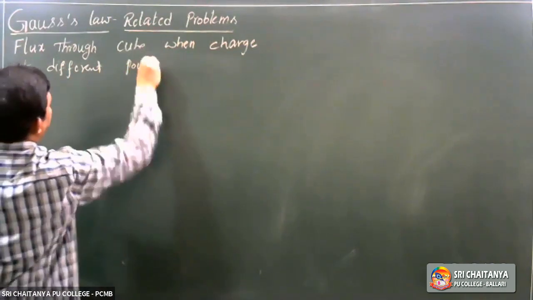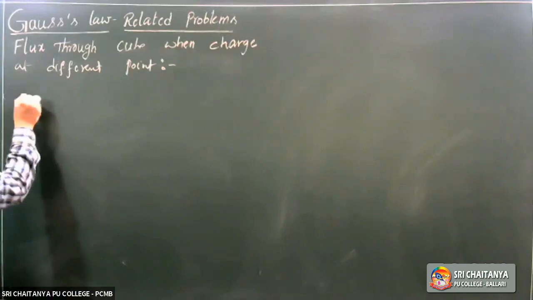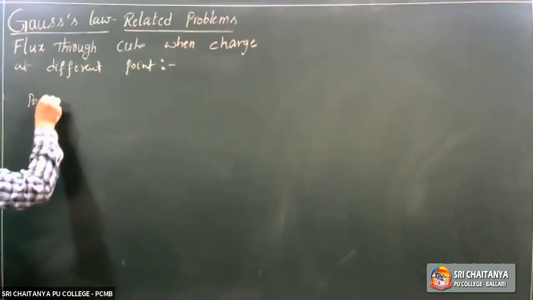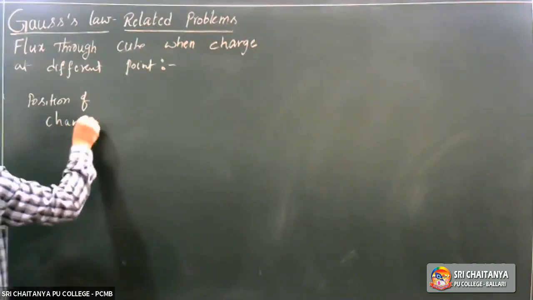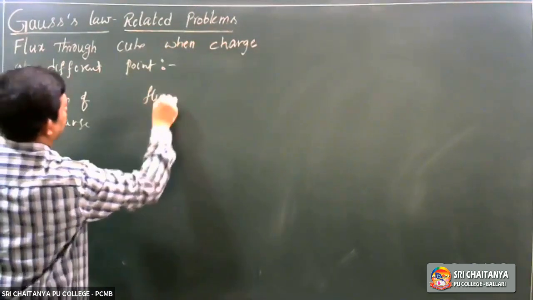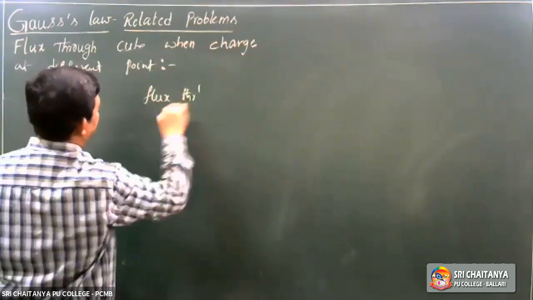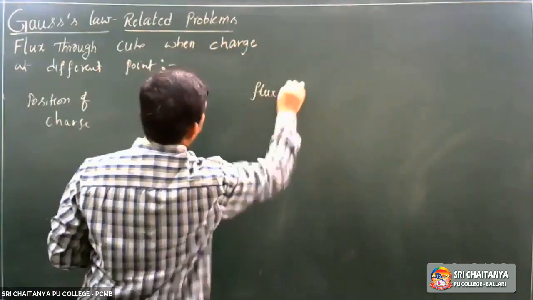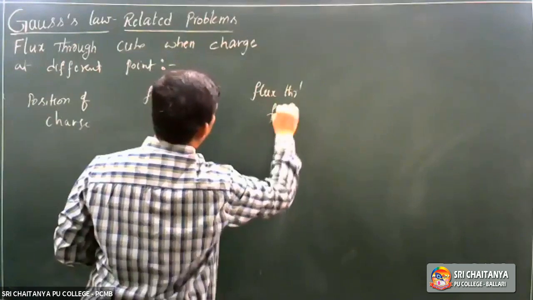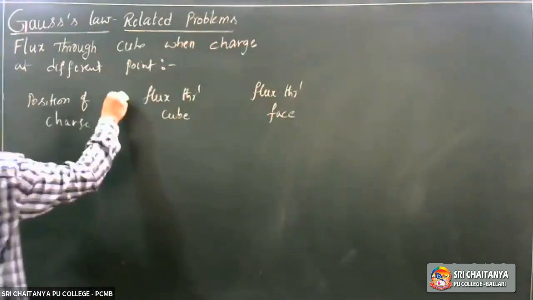This box is enough for the entrance point. Position of charge, flux through Q, flux through each face.